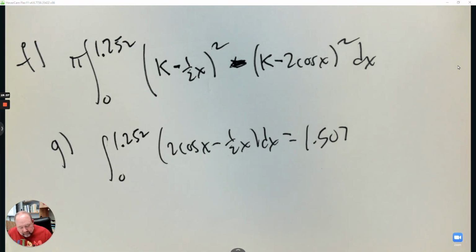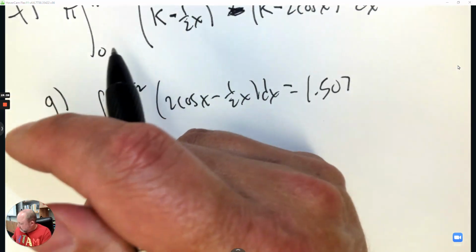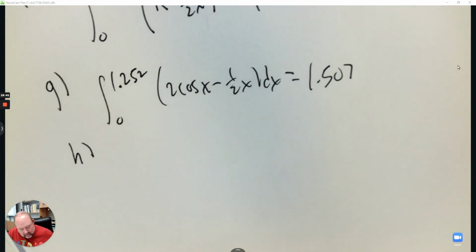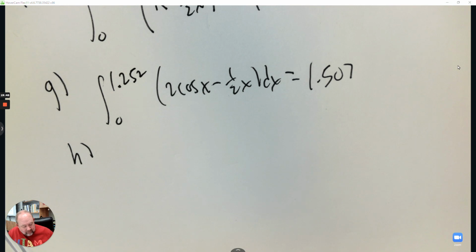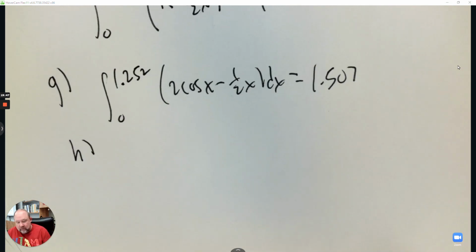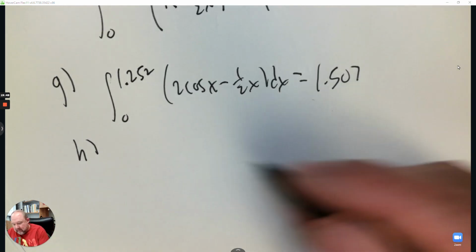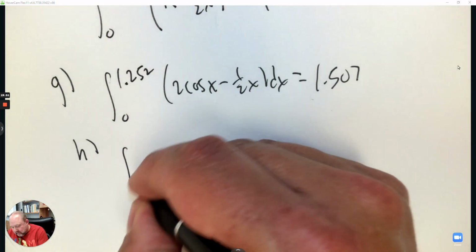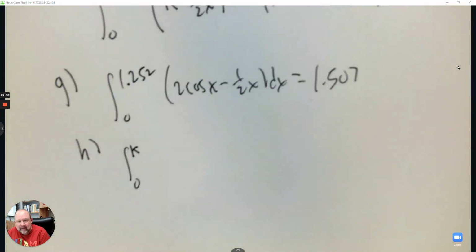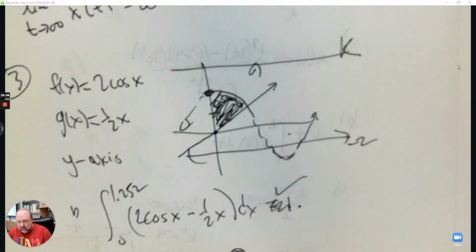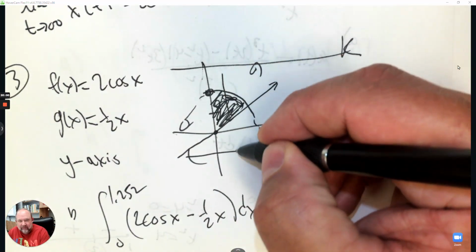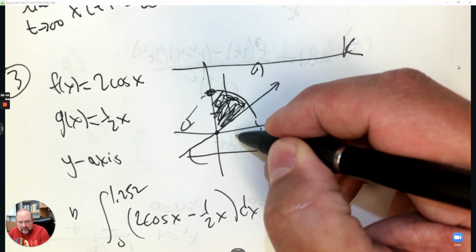H, suppose c is a constant such that the vertical line x equals c divides the region into regions of equal area. So we have this, right? So we're going to go 0 to some x value. If you look here on the graph, we want to find some k value that splits this in half where both areas are exactly the same.